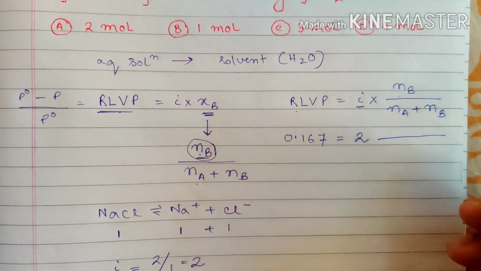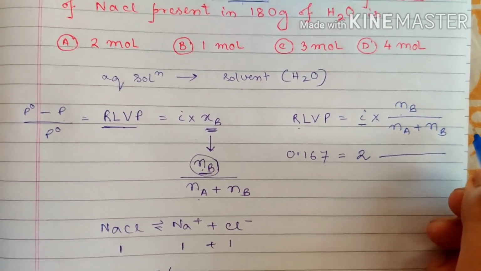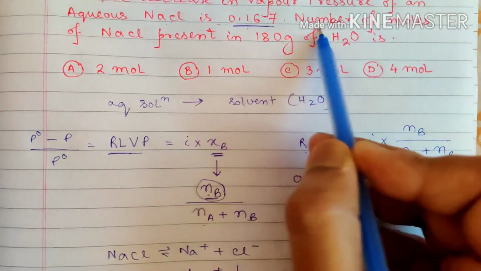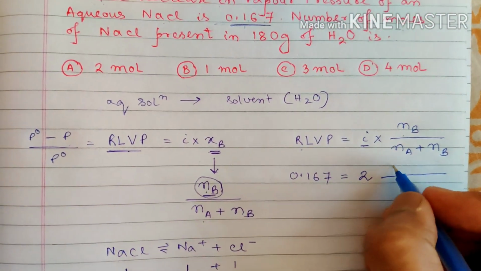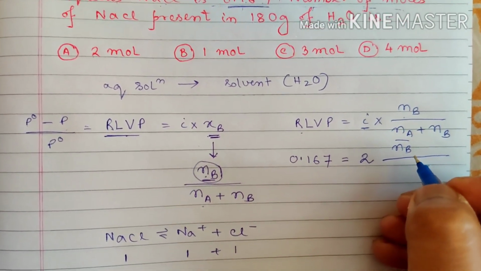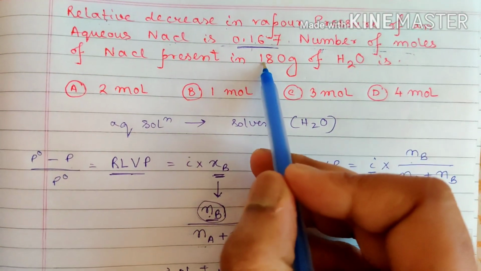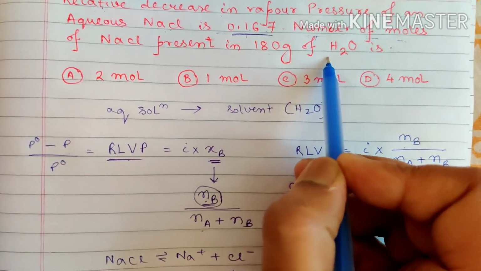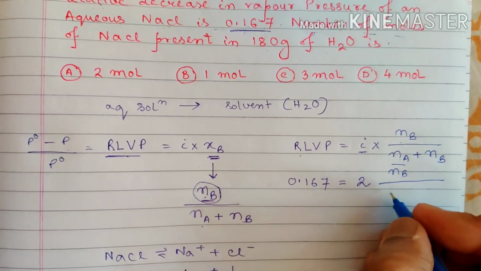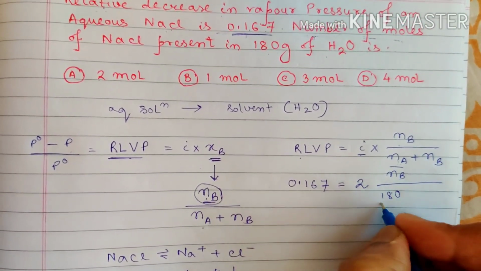Now n_B, the number of moles of solute. Check the question: we have to calculate the number of moles of solute. So n_B will be as it is, and n_A is the number of moles of solvent. In the question it is given 180 gram of water. So the number of moles of solvent is the given mass by molar mass.